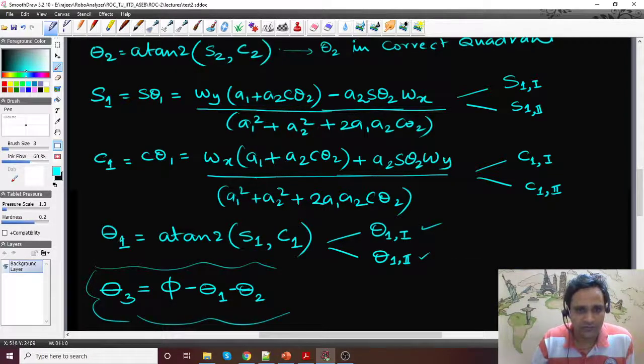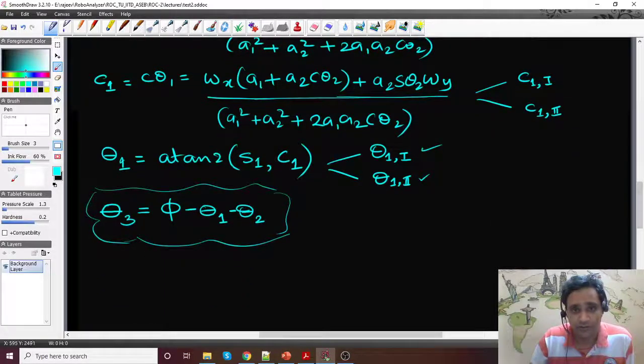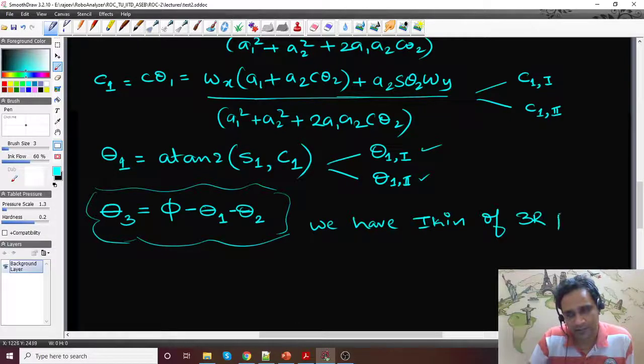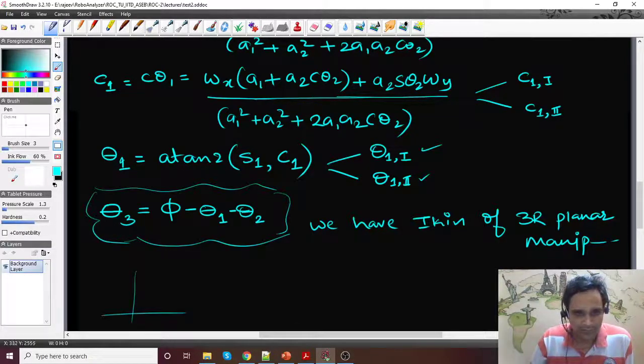So when we do this, we have done the inverse kinematics of the 3R planar manipulator. That means if we want to reach a particular point at a particular orientation, this phi is given.